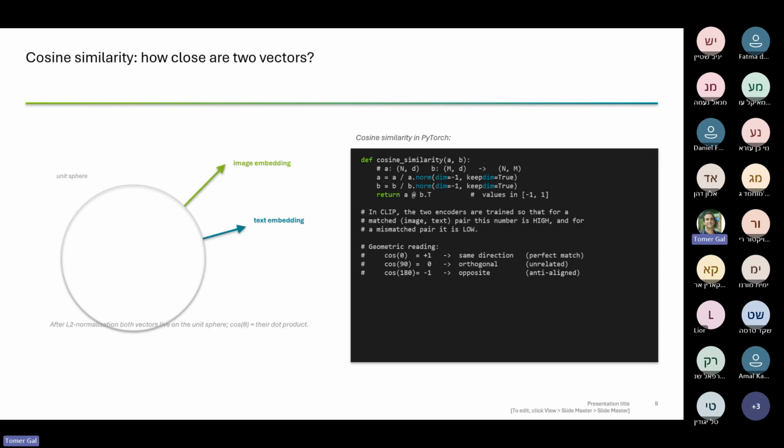Okay, so the cosine similarity is basically just the dot product after you normalize both of the vectors to the unit length. And this is what we just saw in the earlier example. And we have it also here. We have the two elements, A and B. We just divide by the normalized form. And then we do the dot product. That's it, very simple.